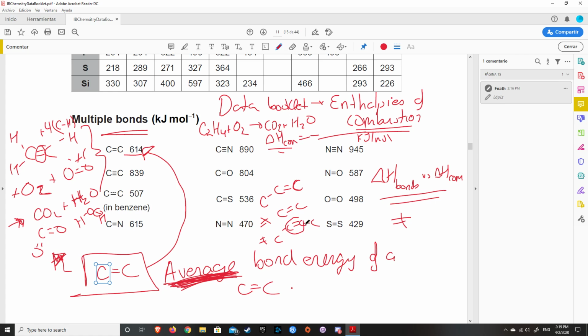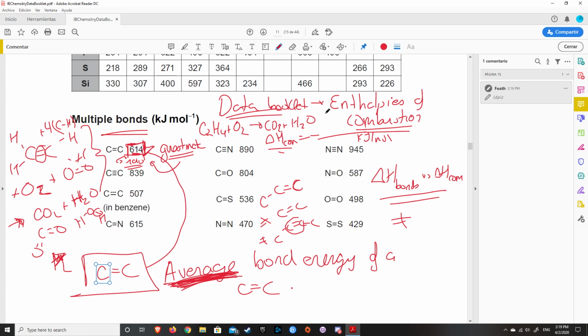So it depends on the circumstance. It depends on the molecule. So what scientists have done is they've just said, okay, on average it's 614 kilojoules per mole. If we want to do a raw calculation, if we just want to guesstimate, if we want to get a good estimate of what it might be theoretically.